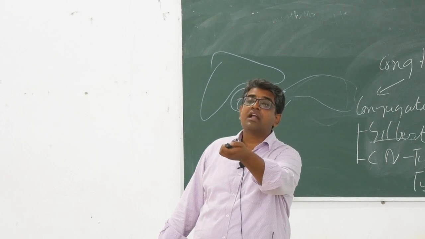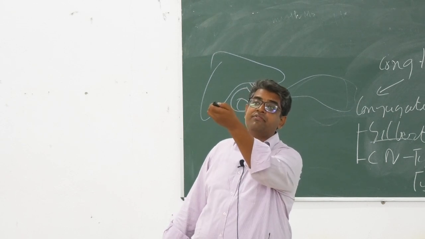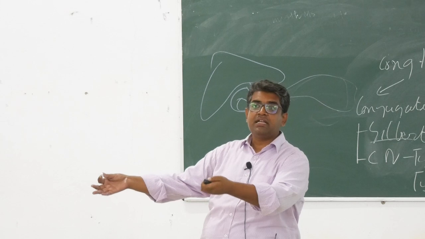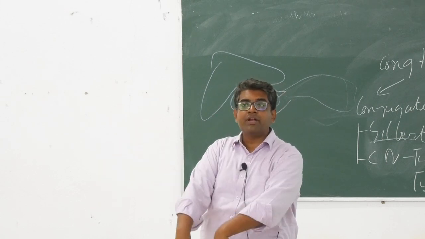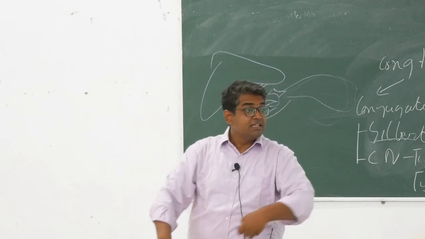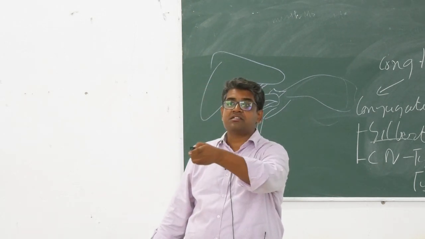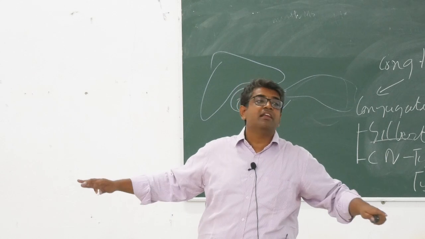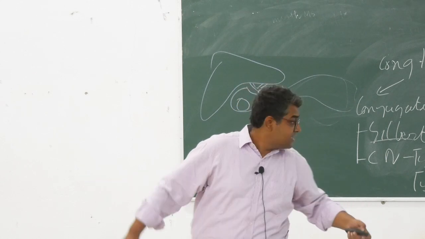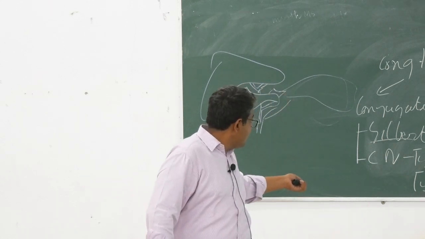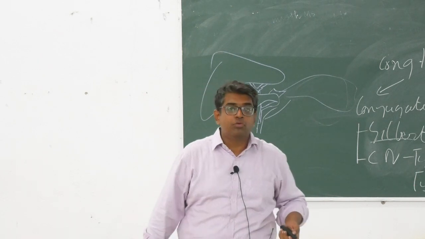That means unconjugated bilirubin at levels of 50, 20, 30, never going below 20. This is a case of a condition where you do not need any intervention. That is your Gilbert syndrome and Crigler-Najjar type 2.